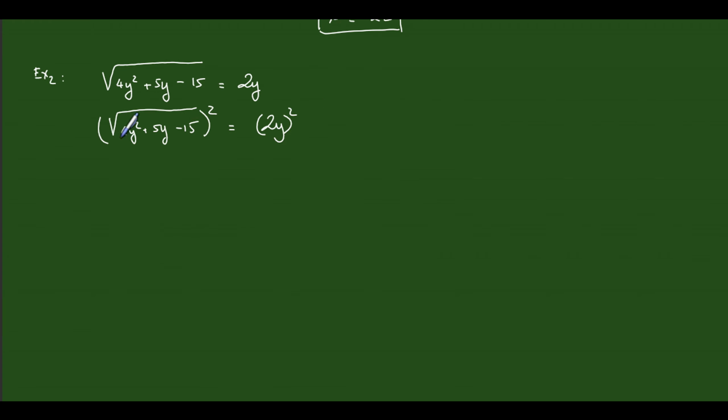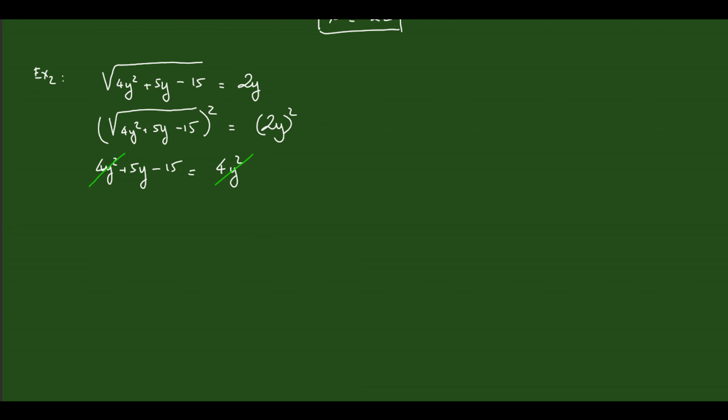After I squared it, I can throw away the radical. Then it becomes 4y squared plus 5y minus 15 equal 2 squared, which is 4, and y squared is y squared. You see that on the left and the right hand side, they are the same, so you can throw those away.